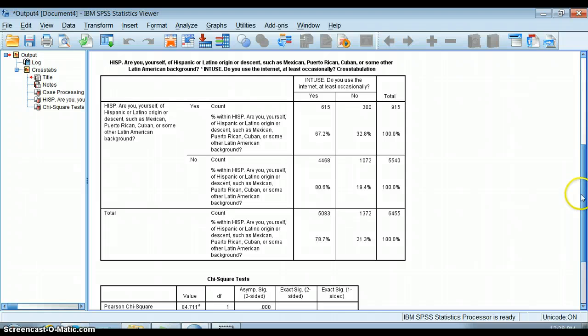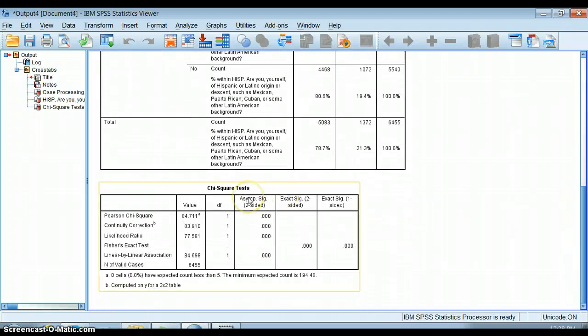Well, if you notice right below this crosstab, SPSS spits out a chi-square test. So here are the things that you need to look at in this table. The very, very first thing you need to look at is this part right down here, where it says 0 cells, 0% have expected count less than 5.